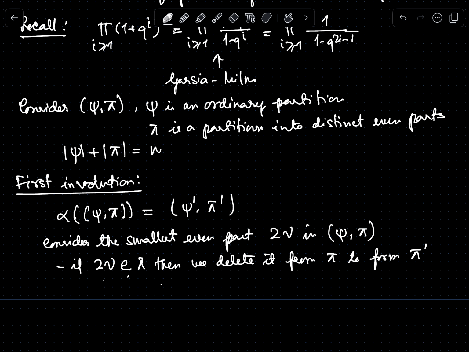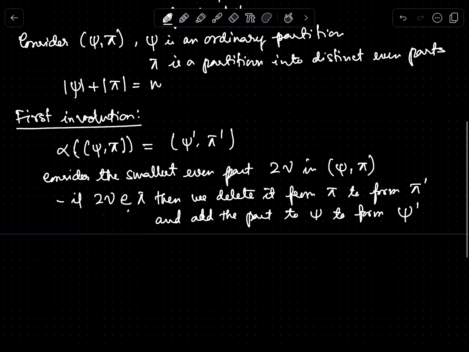We add the part to psi to form psi prime. So if the smallest even part is in pi, we just pick that even part and we put it in psi, which becomes the new psi prime. And then pi prime is just pi without the even part, 2 nu.